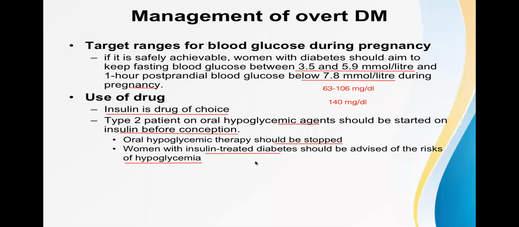Because hypoglycemia is a serious problem. It is a serious problem for the mother as well as for the baby. Hypoglycemia is always considered more serious than hyperglycemia over the short term, but over the long term, hypoglycemia cannot remain for the long term. The lady may become comatose, and there is a chance of death also if it is not reversed in time.